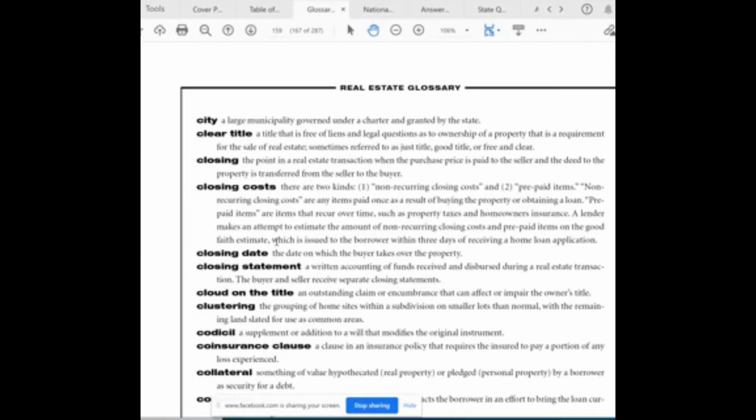Buyer closing costs can be 2%, 3%, 5%, depending on how much their property taxes are, how much their insurance is, because all those are paid at closing.